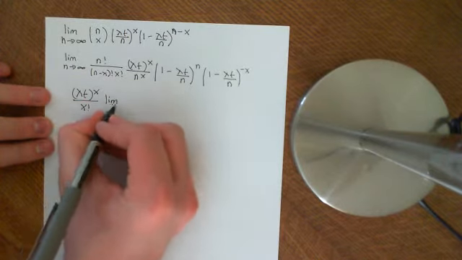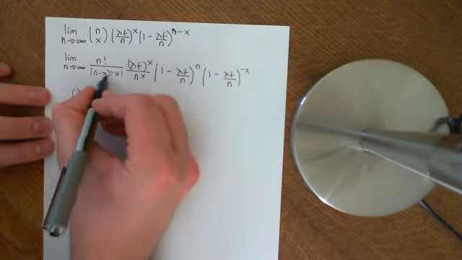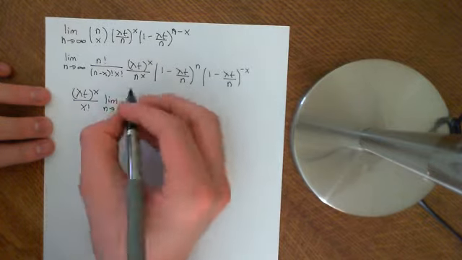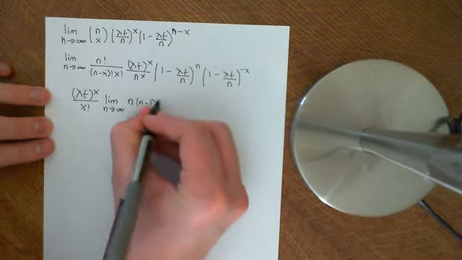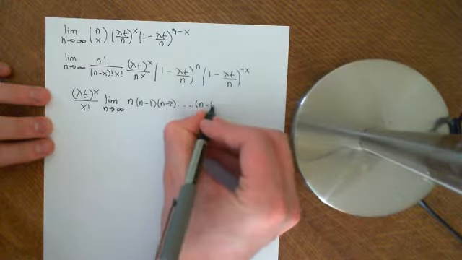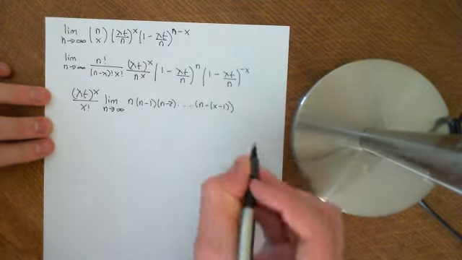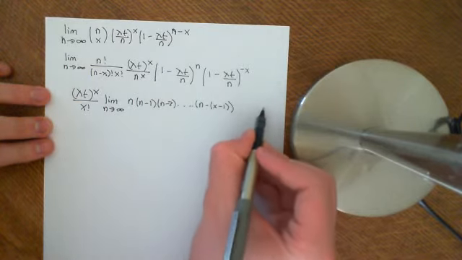Then we get the limit as n approaches infinity of, now let's write out, let's cancel the n factorial and the n minus x factorial. So that gives us n times n minus 1 times n minus 2 all the way down to n minus x minus 1. Okay, like that. And then obviously what you would have had next is n minus x.